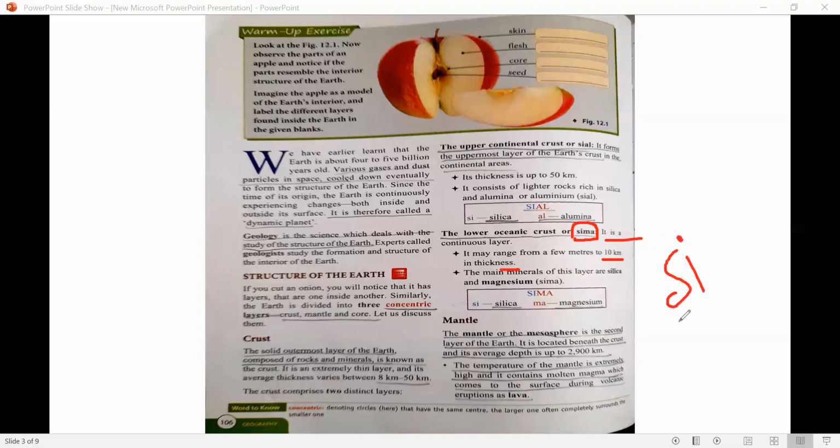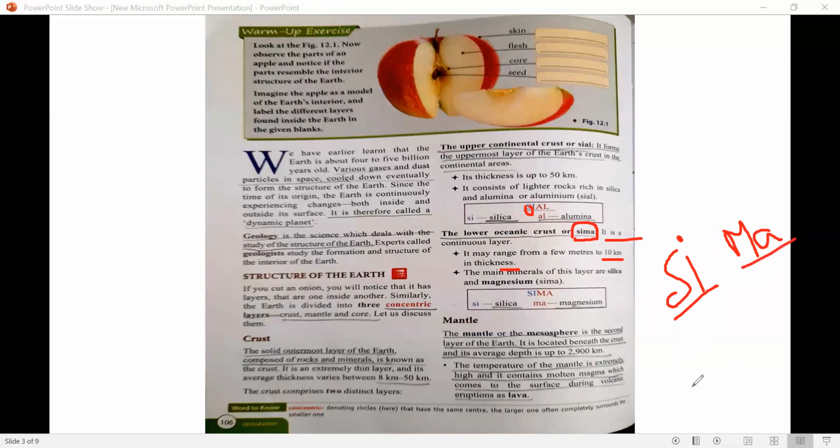As we can see, Si is one part of the name, and Ma is the other. Si is silica, and Ma is magnesium.